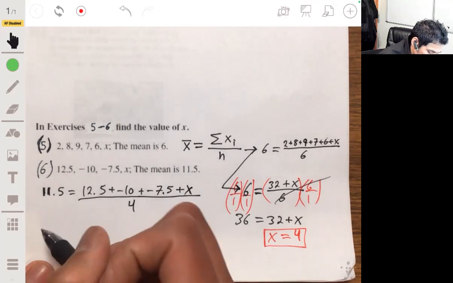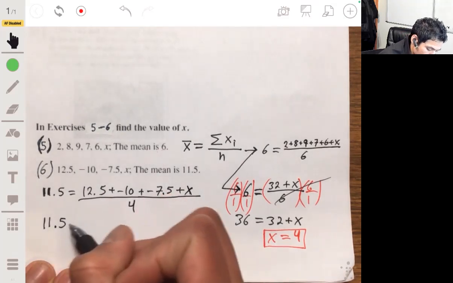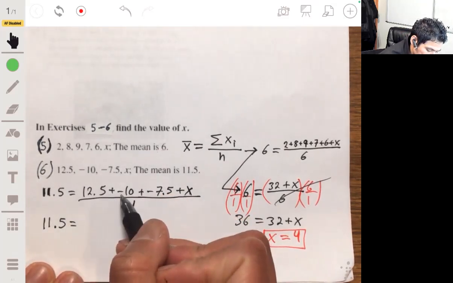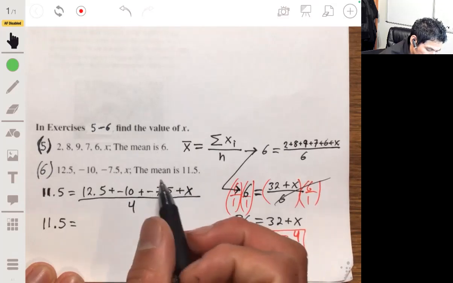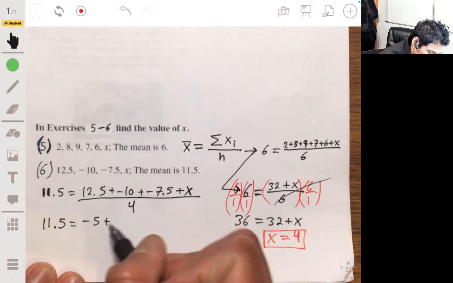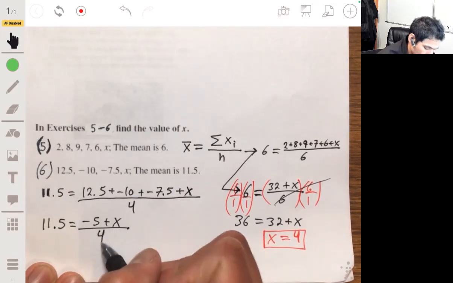And then let's simplify this. So we have 11.5 equals 12.5 minus 10, which is 2.5, minus 7.5, so negative 5, plus x over 4.